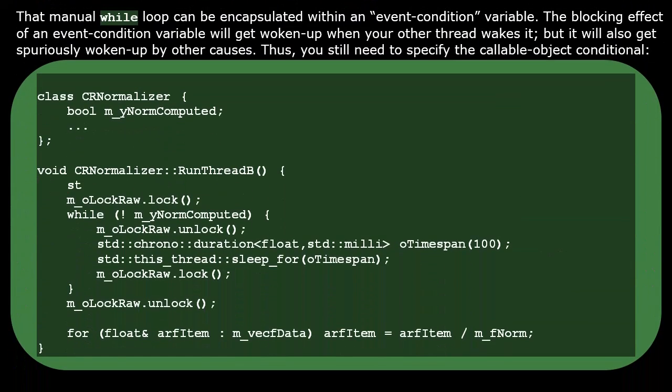In our video about locks, we defined this unique lock type as a wrapper around a raw lock, something like the way a smart pointer is a wrapper around a raw pointer.